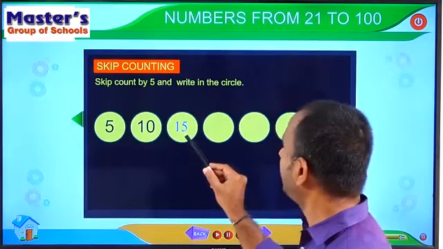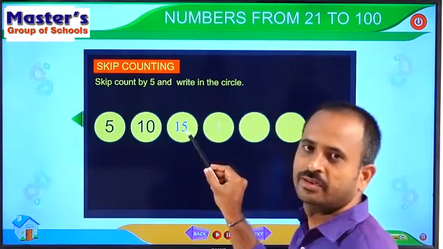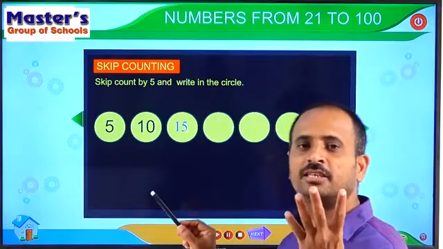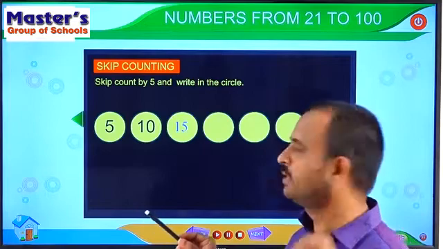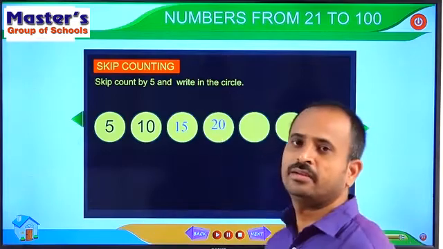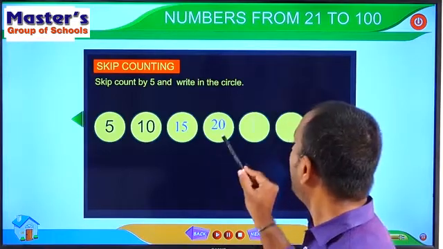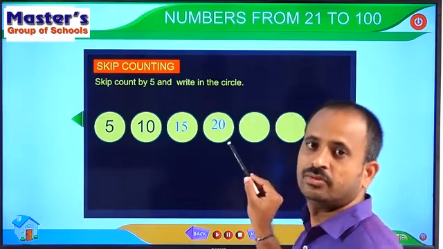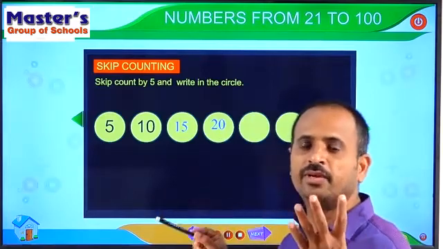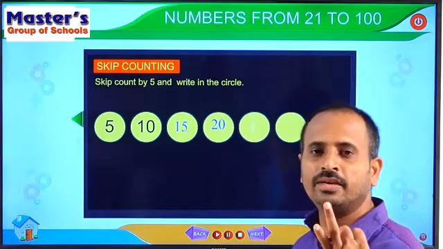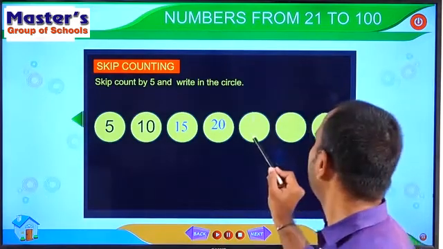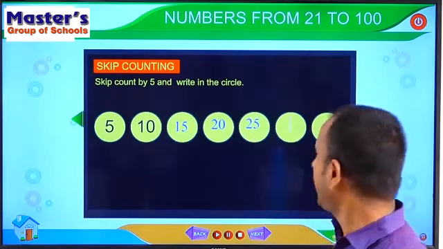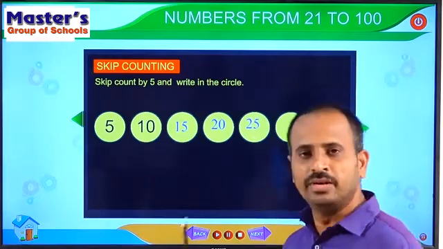And again add 5 to the 15. So after 15 comes 16, 17, 18, 19, 20. So write 20 here. And again add 5 to the 20. So after 20 comes 21, 22, 23, 24, 25. So 25. And again add 5 to the 25.